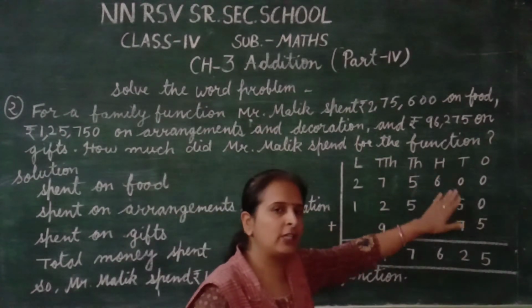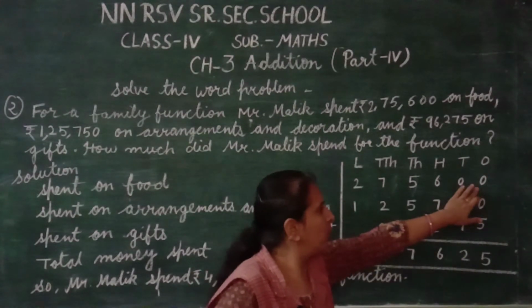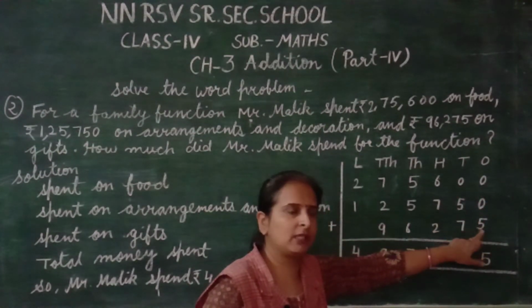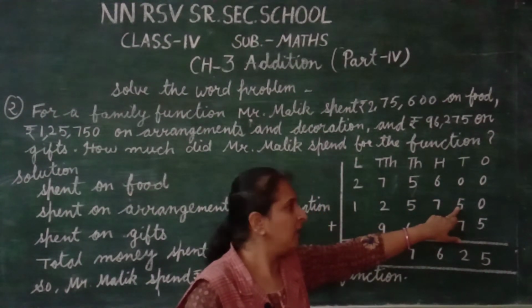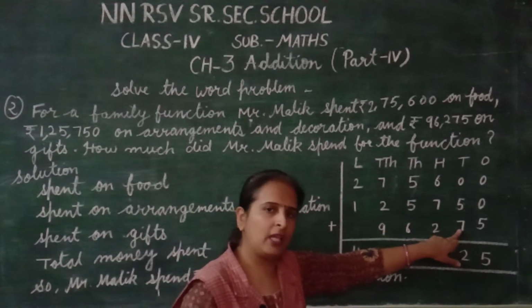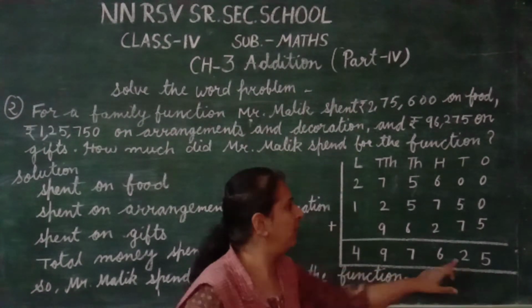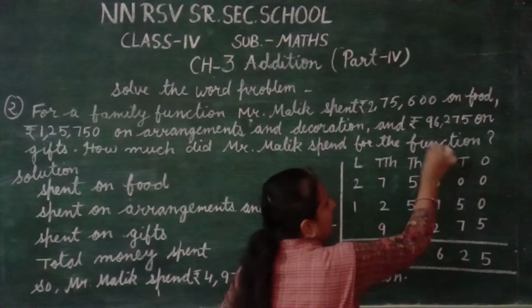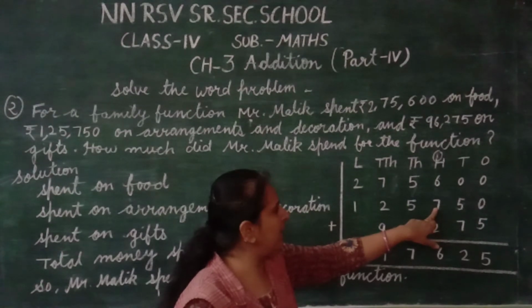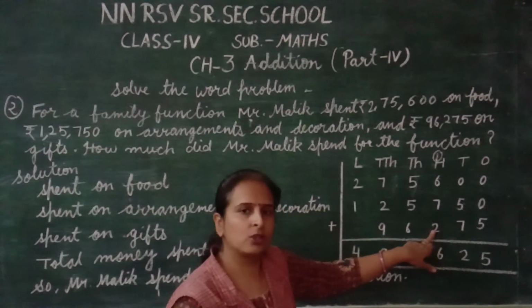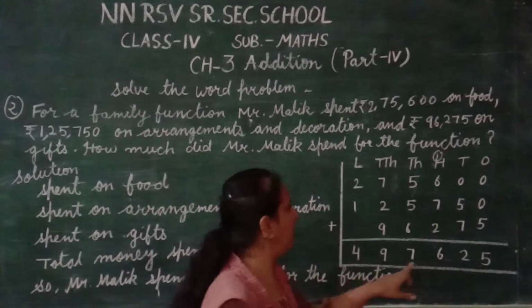First of all, we arrange them according to place value. Then we add: 0 plus 0 plus 5, the answer is 5. 5 plus 7, 12. 12 is a 2-digit number, so we put 2 and carry over 1. 1 plus 6, 7. 7 plus 7, 14. 14 plus 2, 16. 16 is a 2-digit number, so we write 6 and carry over 1.